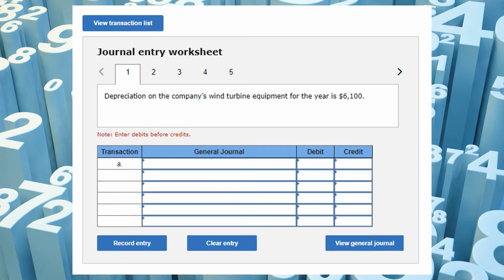Debits always go in first, so I selected depreciation expense dash equipment with a $6,100 debit, which is the amount shown on my problem, and then I credited the accumulated depreciation dash equipment account with $6,100 credit, giving us an equal amount in both the debit and credit.